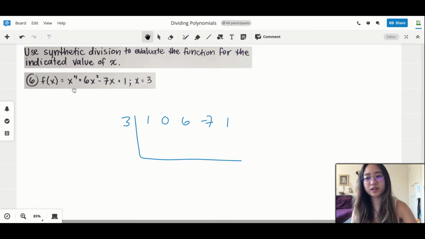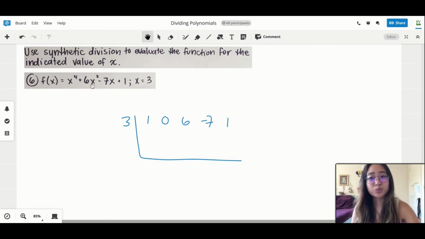So first, notice that we have x to the 4th plus 6x squared minus 7x plus 1. But within my synthetic division bar, I have 5 terms that's coming from the dividend.